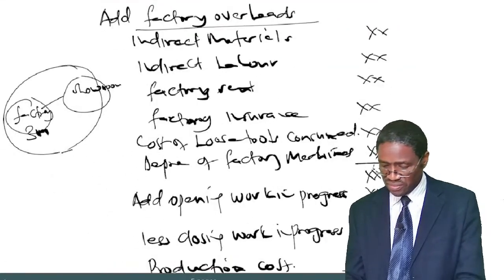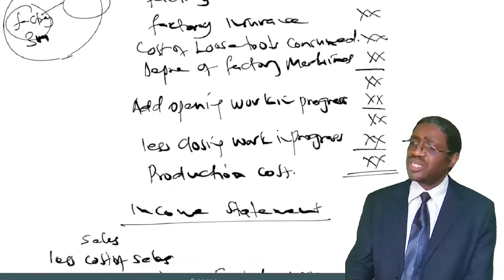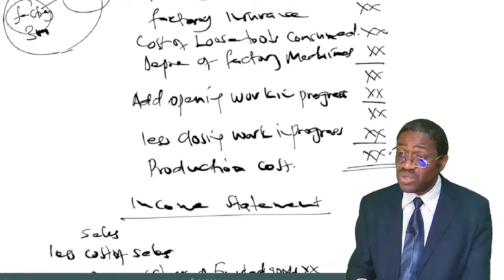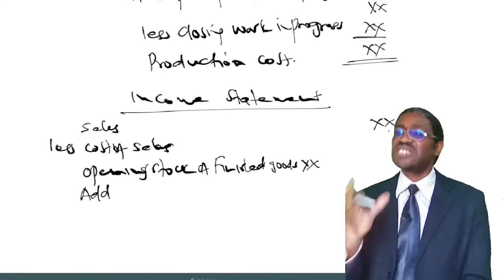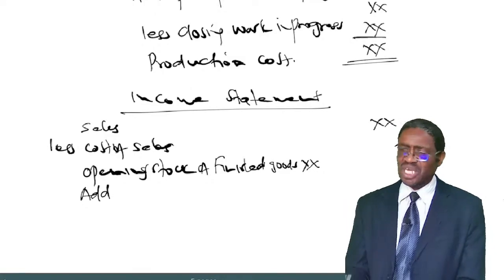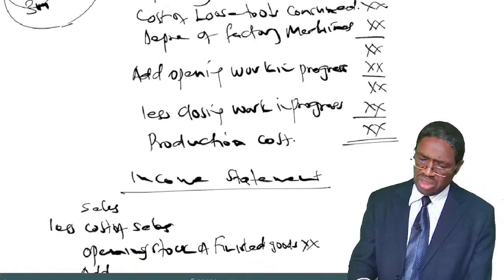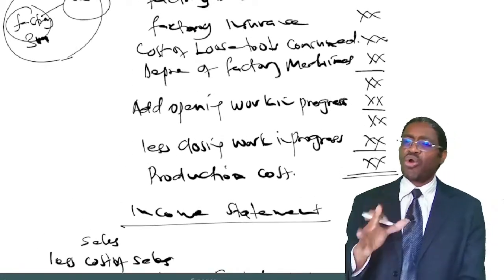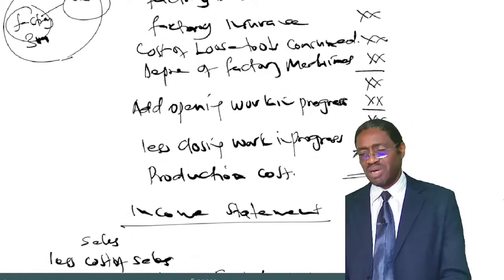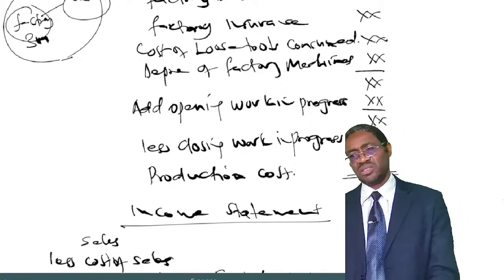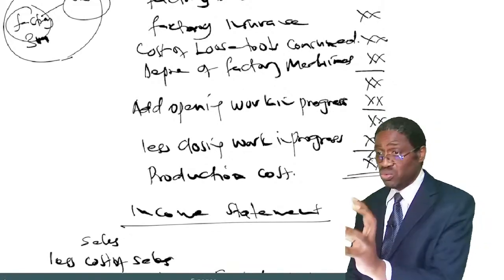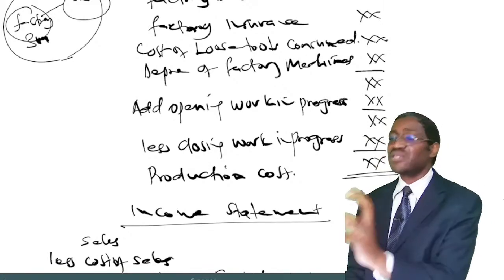Now listen. The showroom does not buy the goods from the factory. The showroom receives the goods from the factory. And from our illustration, it costed the factory 3 million shillings to manufacture those goods. So when the goods are transferred to the showroom, they are transferred at that 3 million.